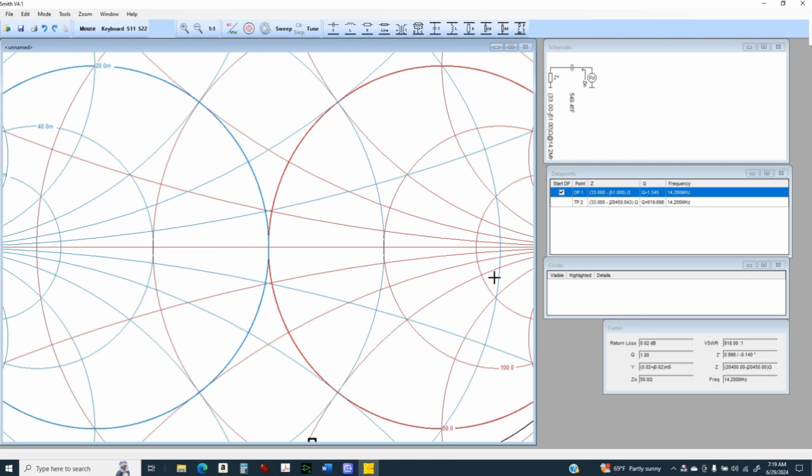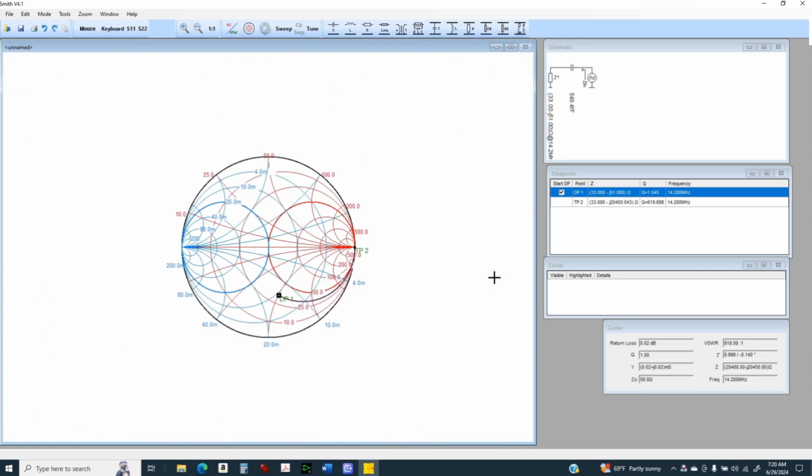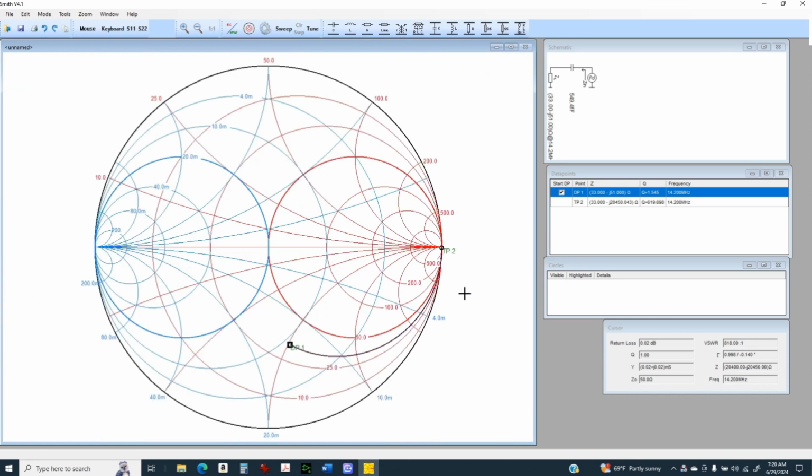So we are at 33 minus J 20450.043. In other words, over 20,000 ohms of resistance. Over 20,000 ohms of resistance is what we have here.